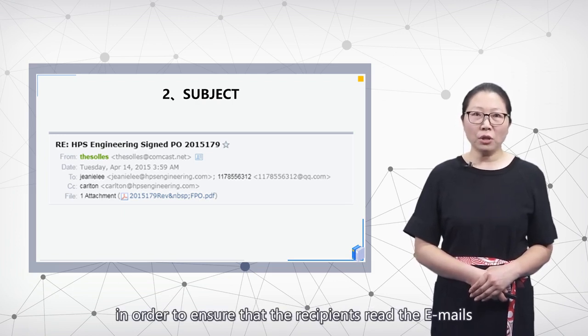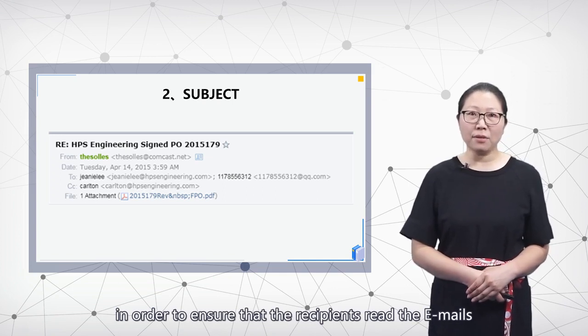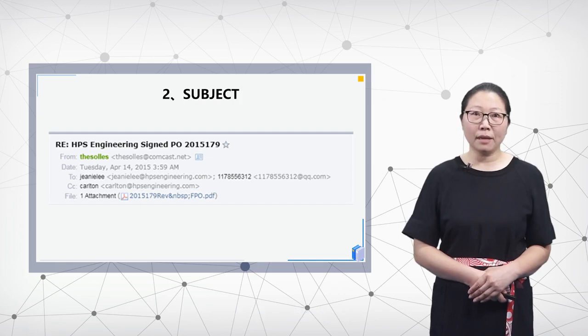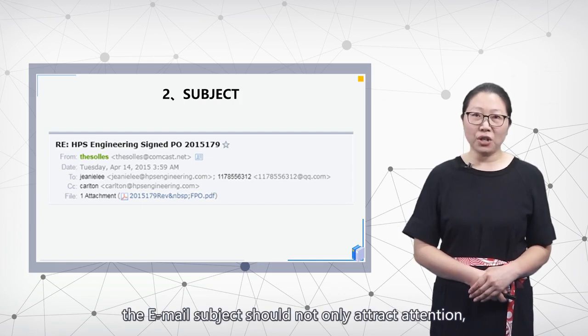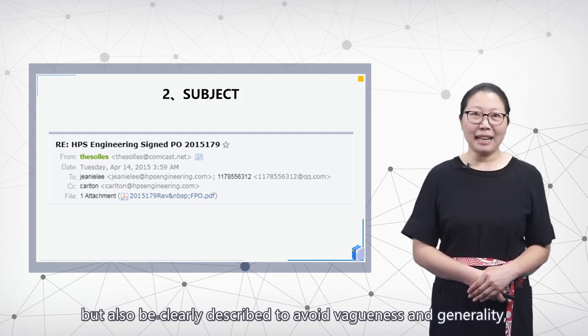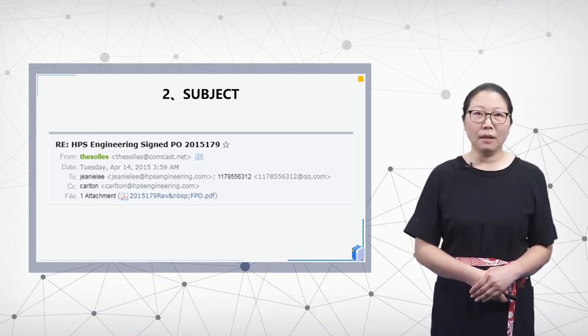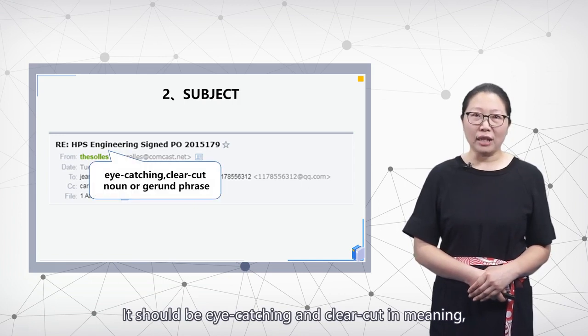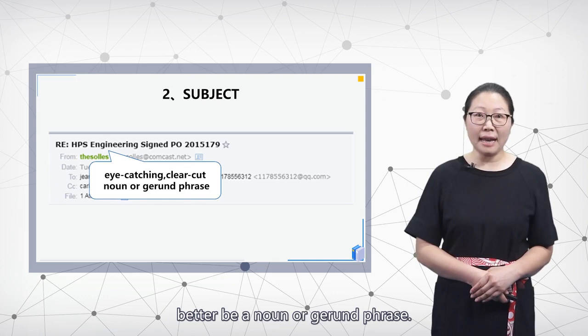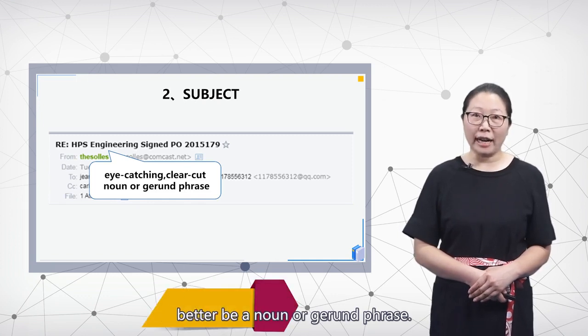Therefore, in order to ensure that the recipients read the emails in a timely manner, the email subject should not only attract attention, but also be clearly described to avoid vagueness and generality. As the example given below, it should be eye-catching and clear-cut in meaning, better be a noun or gerund phrase.